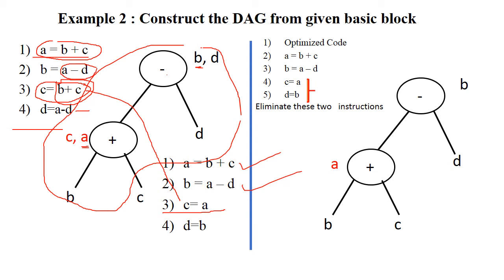This result is stored into the B. So it is not necessary for the compiler to calculate again A minus D. A minus D value is stored into the B. So value of the B is assigned to the D. Okay, so it is not necessary to keep this one and this one. So in this way, these two instructions will be eliminated and optimized code is present only for this one.